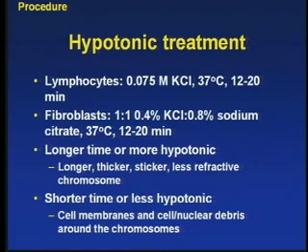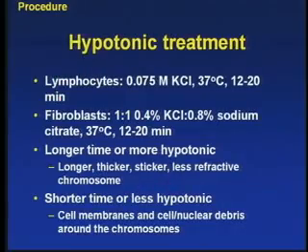Now, even if you use this solution, sometimes it still doesn't work well for you. You do the dropping, and you don't see any chromosomes. What do you do? You have to come back and look at whether you really made the cells swell enough to get the chromosomes.